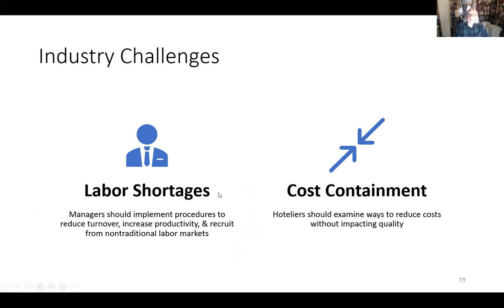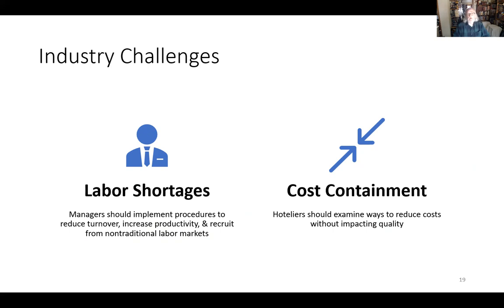In particular, there's a huge labor shortage. Notwithstanding the pandemic right now, in normal times, up until just this past year of the pandemic, there has been a real shortage of good qualified workers in the industry in general.